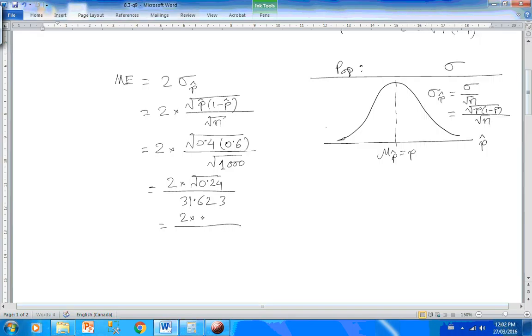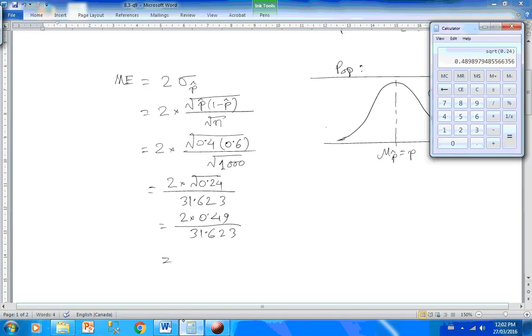So this is 2 times 0.49 divided by 31.623. So on the numerator I have 0.49 approximately times 2, and this is my numerator. And let's divide that by 31.623. And the answer is 0.03 approximately.